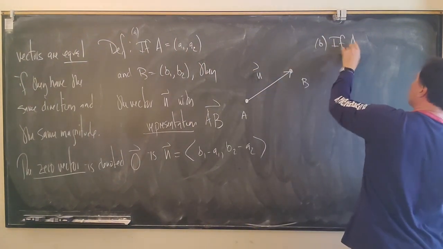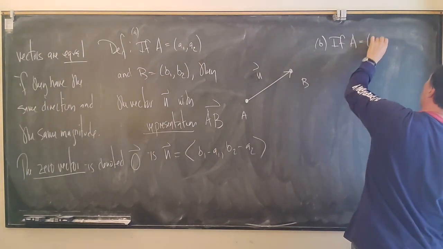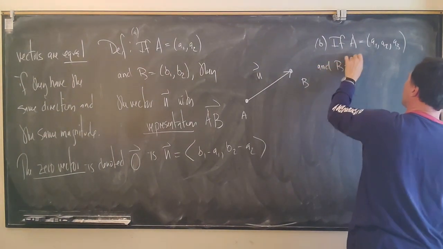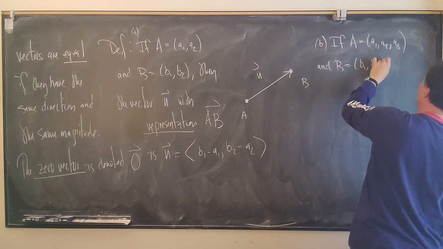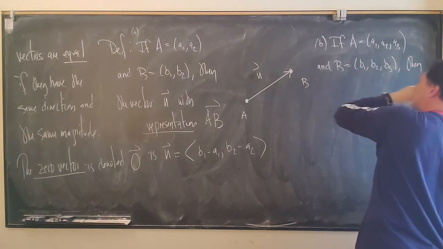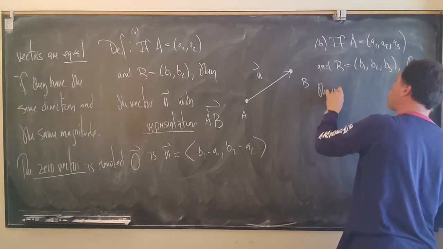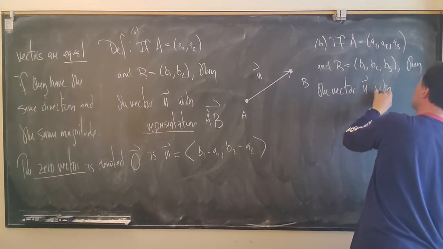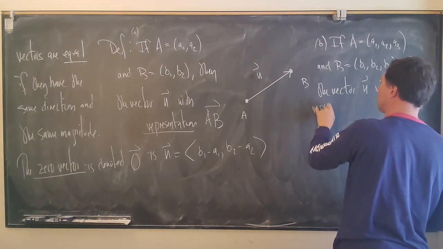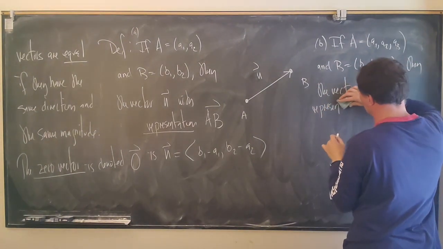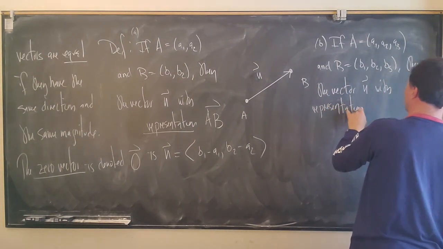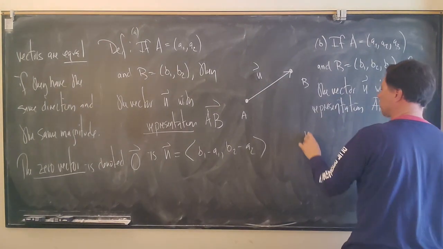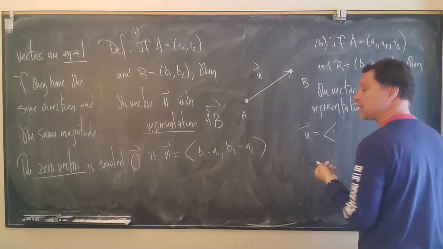So if A equals A1, A2, A3, and B equals B1, B2, B3, then the vector U with representation as the directed line segment from A to B is, and we're going to write it U, and now it's going to have 3 entries inside the angled brackets.